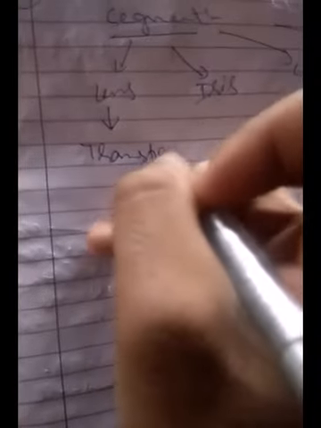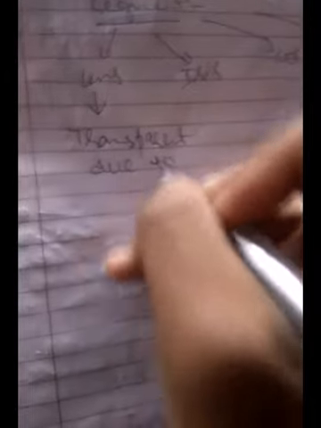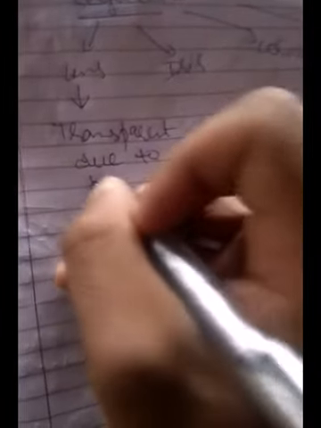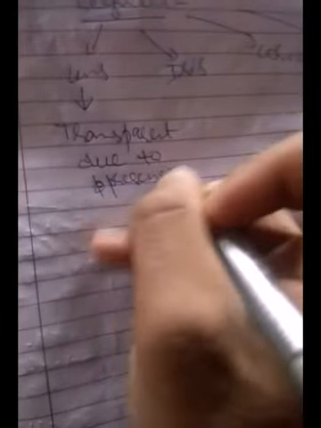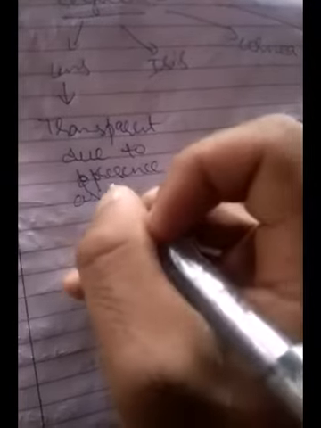Next we will discuss the lens. The lens is transparent. Why? Due to the presence of avascularity, because it has no vessels present.